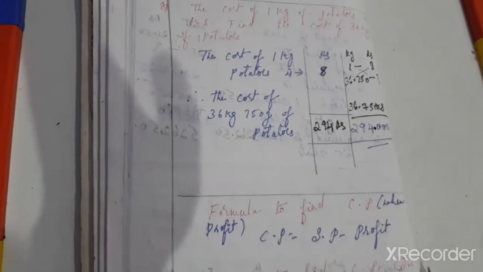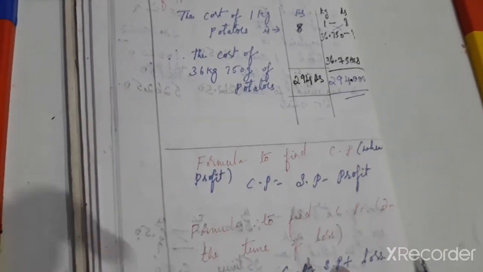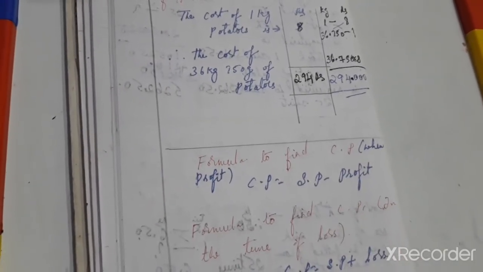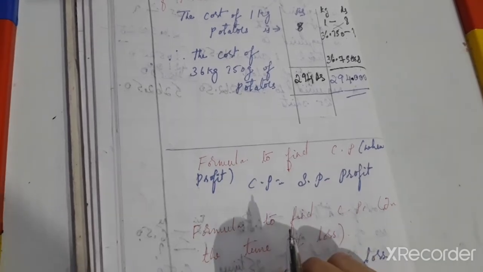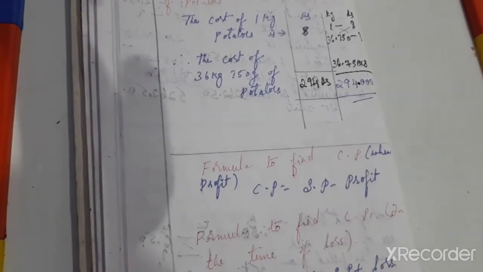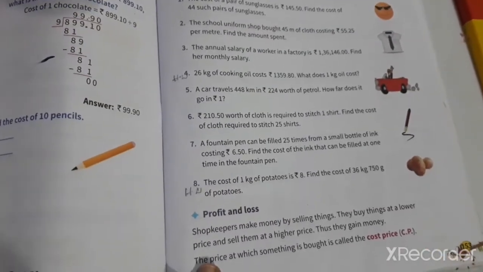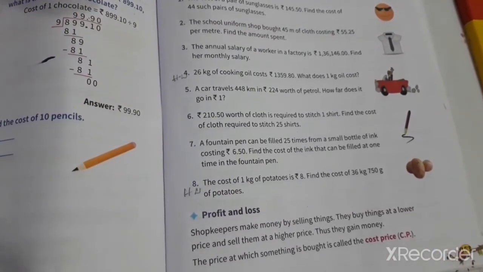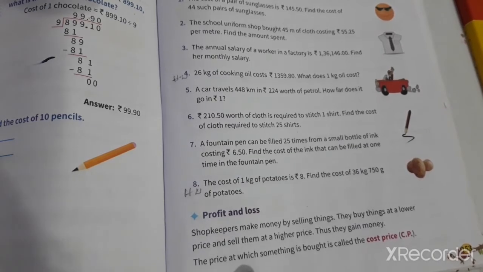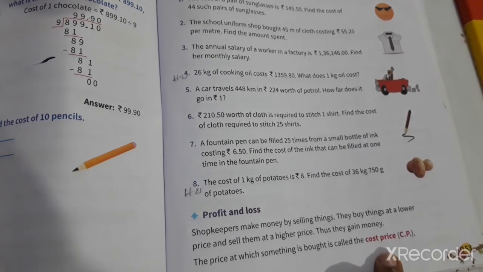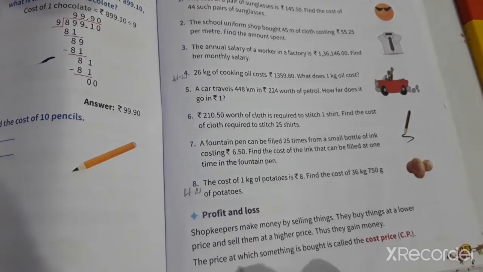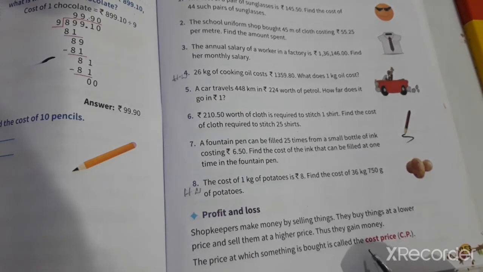So next question is related to profit, loss, cost price and selling price. Cost price: the price at which something is bought is called the cost price. So what is meant by cost price? The price at which something is bought is called the cost price, which means the purchase price.